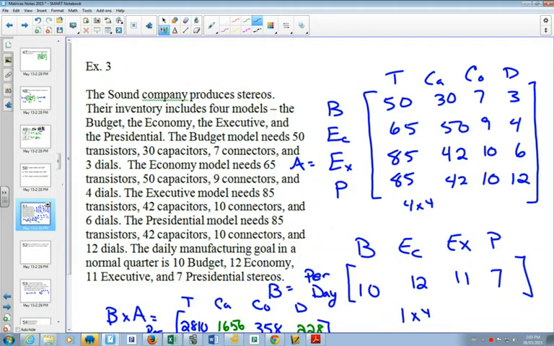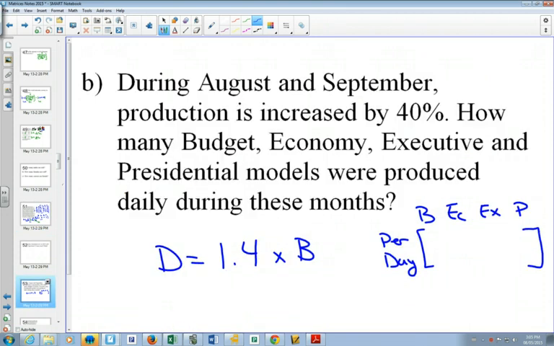If they wanted to know how much per day of transistors, capacitors, connectors, and diodes, then you could take that and multiply 1.4 by matrix C. Someone got an answer for that already? 14, 16.8, 16.4, 15.4, and 9.8.